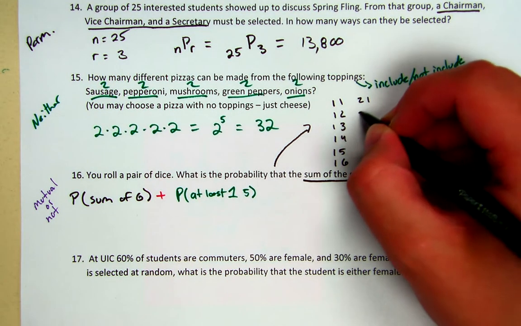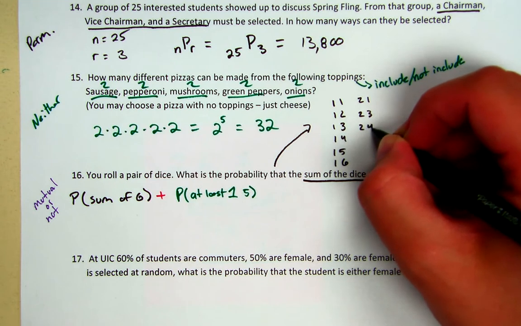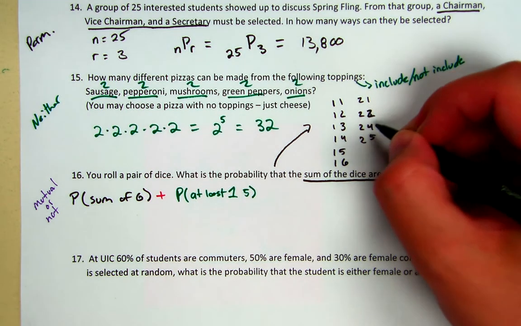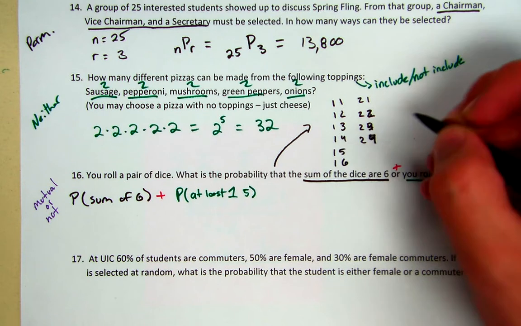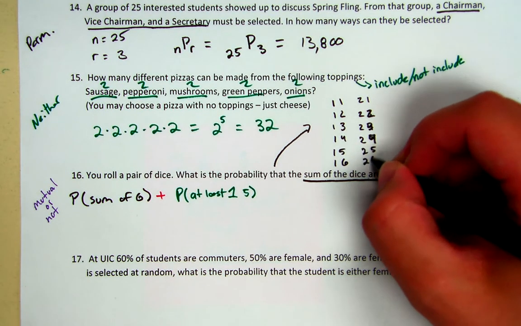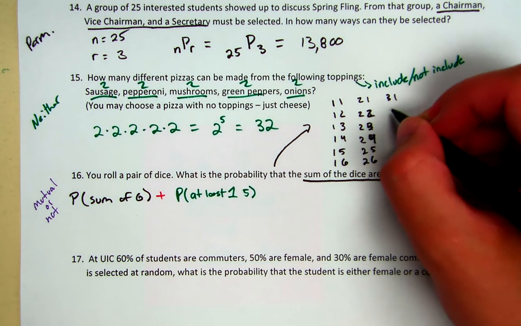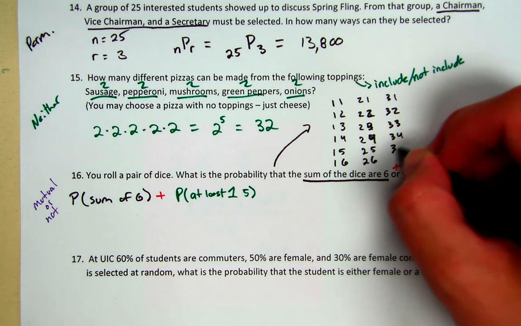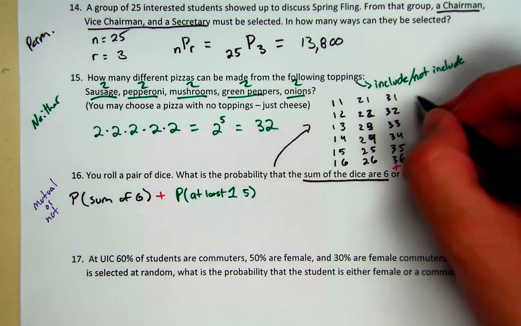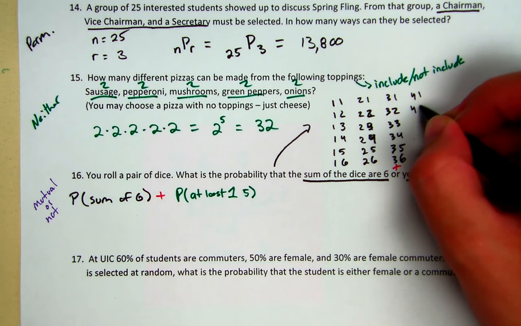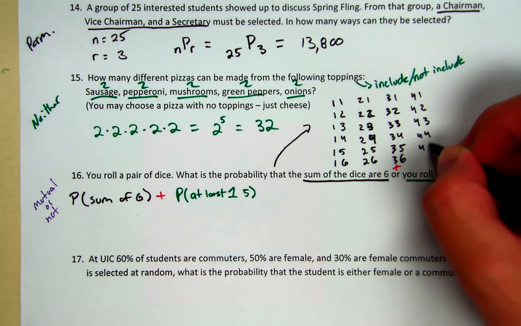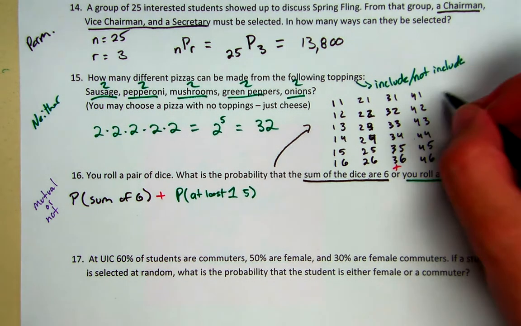Now 2 1, 2 2, 2 3, 2 4, 2 5, 2 6. So make sure that you list these out. All right, 3 1, and 4, and 5.